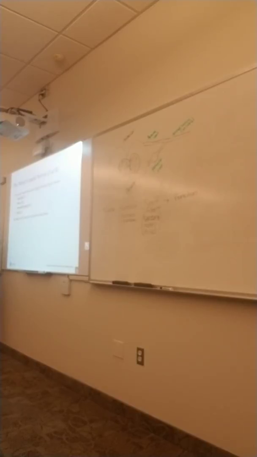So then we have our mixed nerves: trigeminal, facial, glossopharyngeal, and vagus. Trigeminal is sensory and motor, including the eye. Facial is what you would think it does.